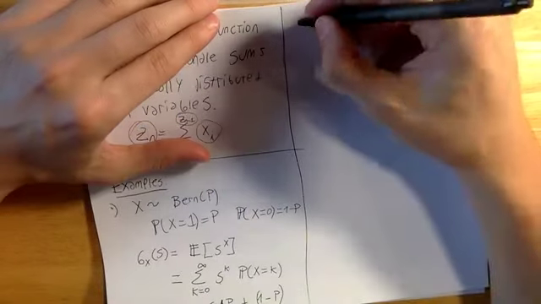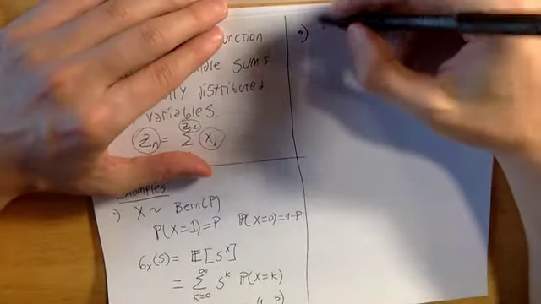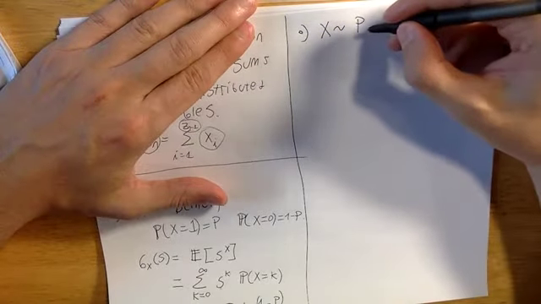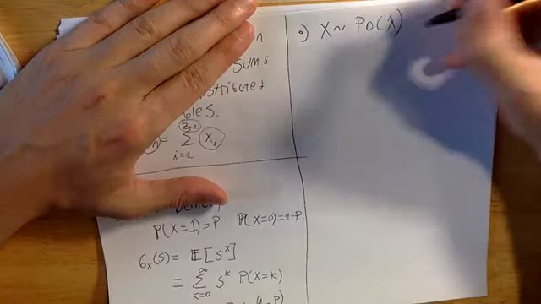Now, for another example, let's consider a Poisson distributed random variable with parameter lambda.